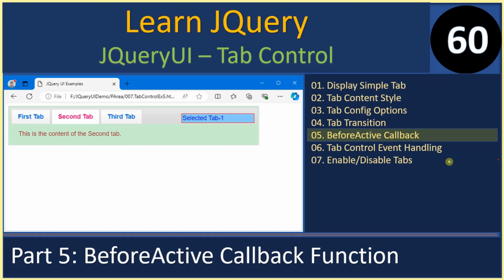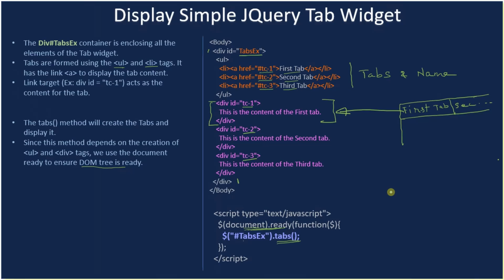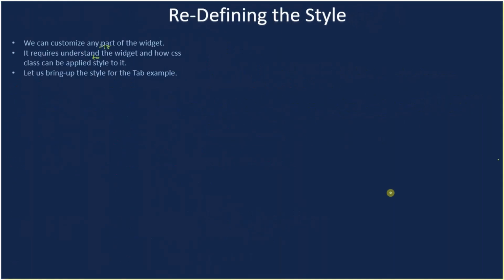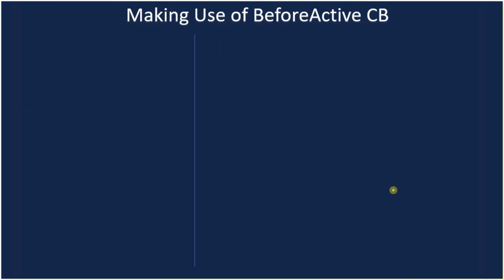In this video, we are going to see the BeforeActivate callback function. As the name suggests, the user action of activating a tab makes a call to the callback function.